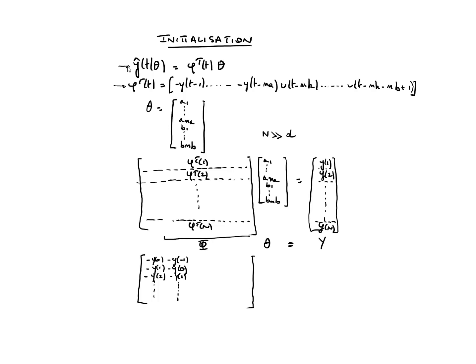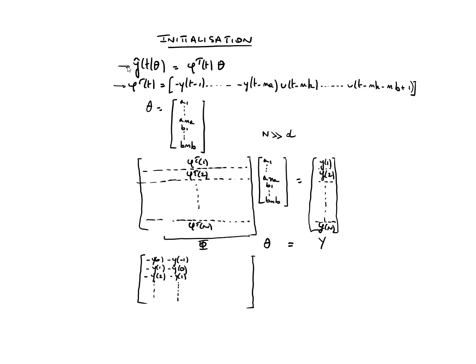So it's really a good idea to have a look at this matrix phi and fill it in, at least in the beginning, so that you see that there is a kind of structure over here. If you write the regressor at time t equal to 1, you will see minus y0, minus y minus 1, etc. Then at t equal to 2, minus y1, minus y0, etc. At t equal to 3, minus y2, minus y1.